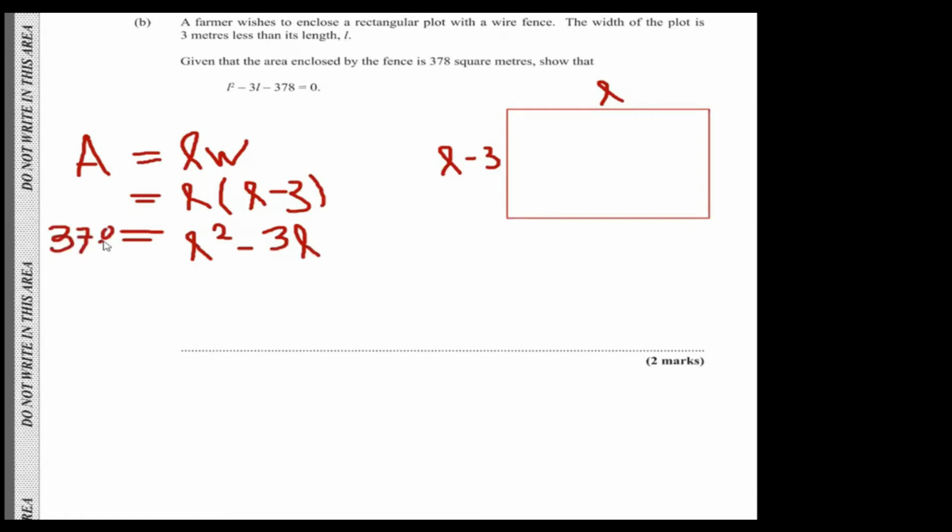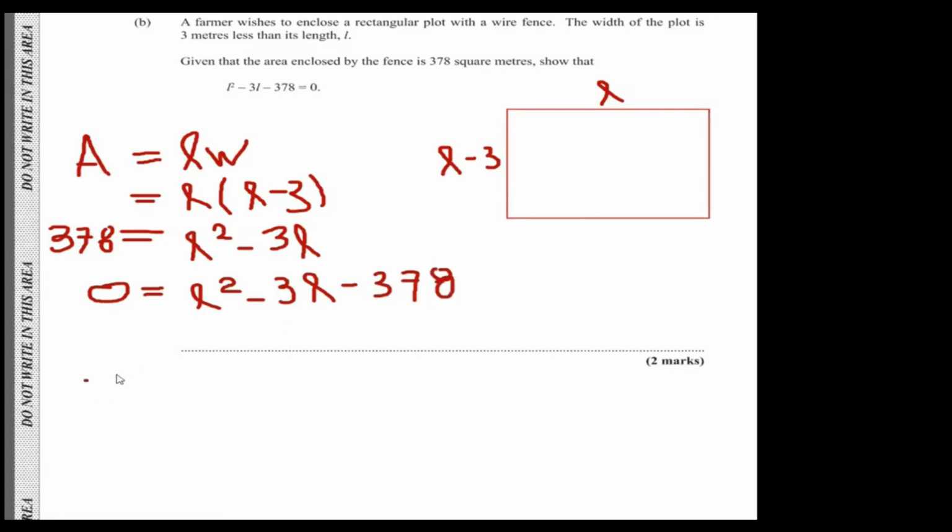So if we transpose and bring over the 378, we subtract 378 from this side to say 0 is equal to L squared minus 3L minus 378. And so see there, we show it nice and easy. This question, no issues at all.